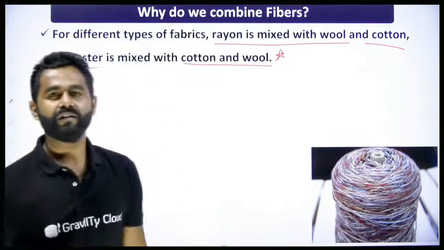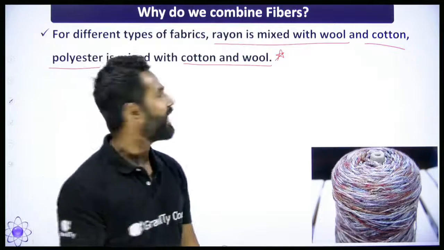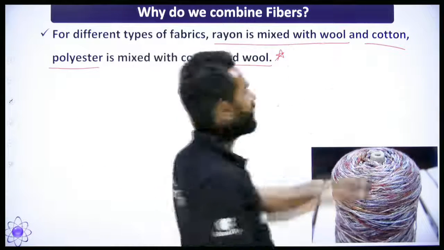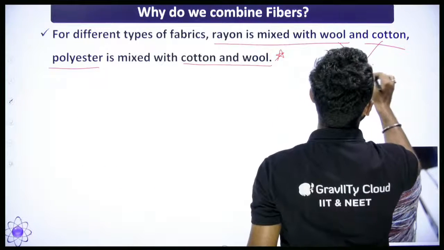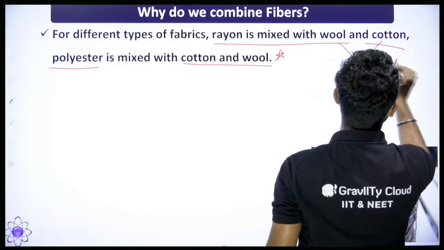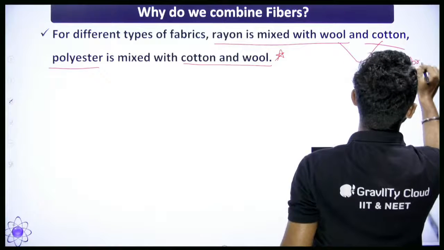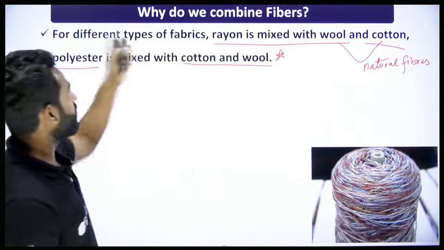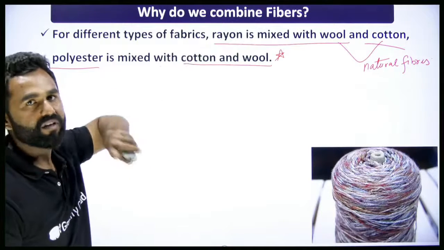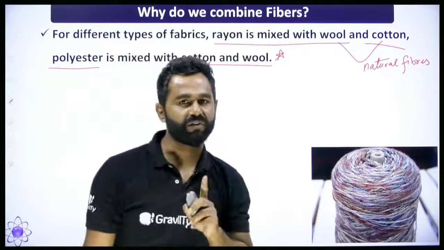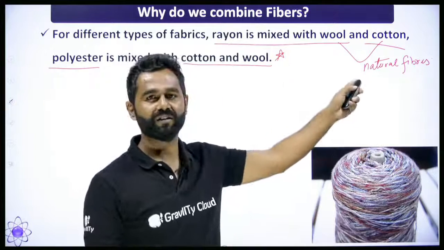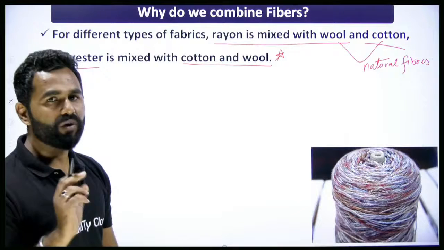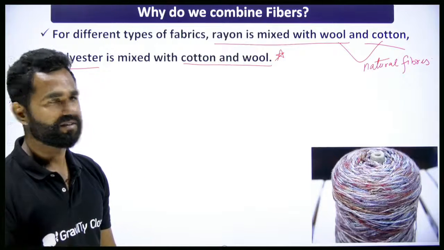So try to understand one thing: rayon is a synthetic fiber, and wool and cotton are natural fibers. Similarly, polyester and rayon are synthetic fibers, and we are combining synthetic fibers with natural fibers. Important is why to do it, and if we do it, how to do it.